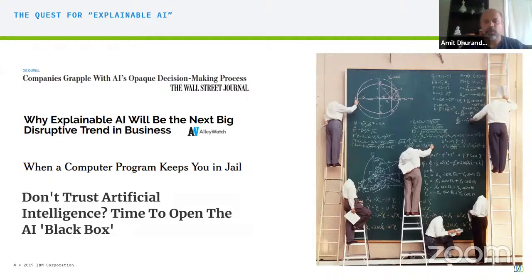One of the ways of making AI more transparent and answering some of the questions that I mentioned in the previous slide is through explainability. There has been a lot of media attention given to explainable AI, where, given the black box nature of many of these approaches, there's a huge desire to understand the reasons behind their decisions.